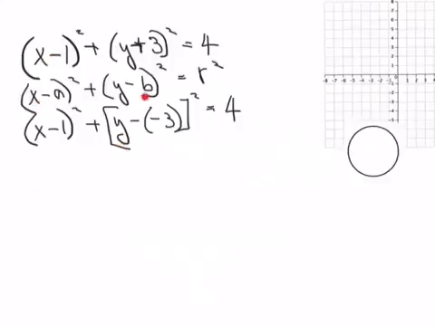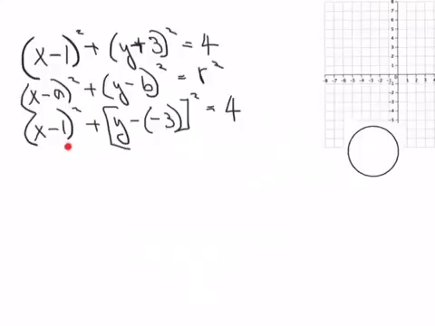Okay, here is the formula. Both of these have negatives in it. This one has a plus. So in order for that to be a plus, it's got to be written as a negative, but it's a plus. So the only way I can do it is y minus a negative 3, because then it becomes y plus 3. But it has to be written in the formula where the sign after the x is negative, the sign after the y is negative, because that's the formula. So if this has got to be written as a negative, in order to get it to be a plus, this has to be a negative so that they both are positives. Okay, so that's very important to remember.